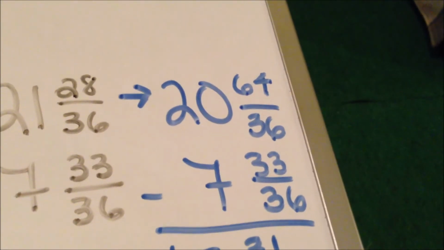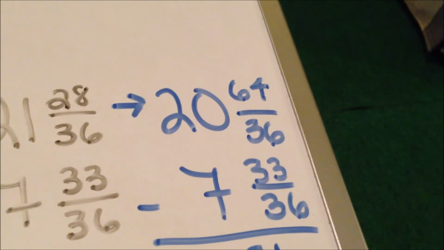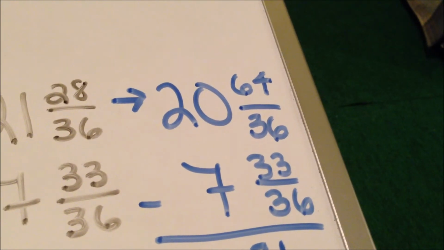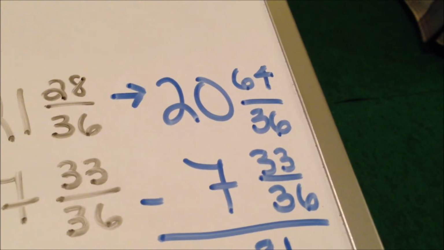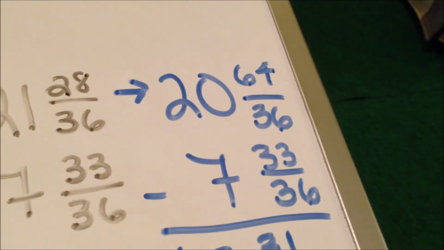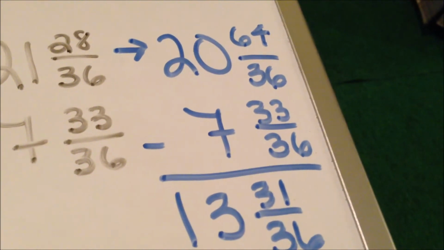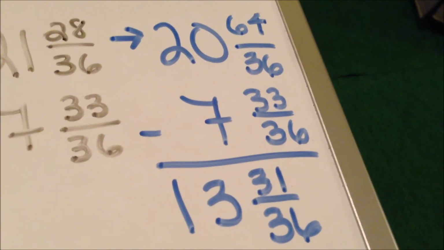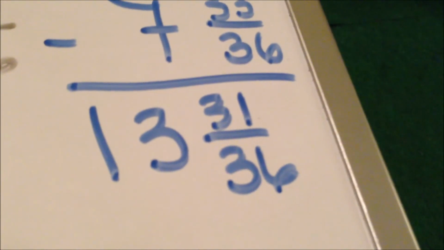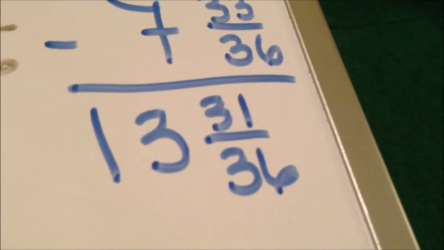So we have 20 and 64/36 minus the 7 and 33/36. That does not change. So now we are ready to subtract. 20 minus 7 equals 13, and 64 minus 33 is 31. So our final answer is 13 and 31/36.